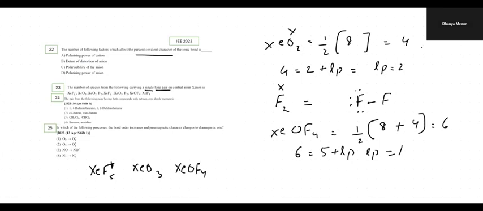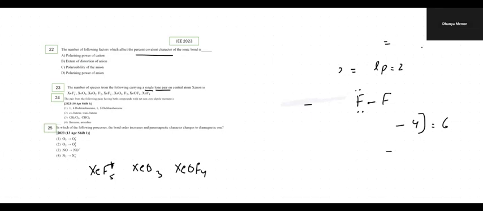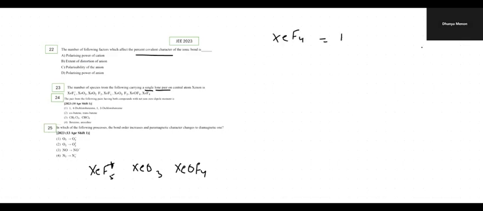Then XeF4, half of 8 valence electrons plus 4 monovalent, no positive or negative charge. Here also 6. 6 is equal to 4 surrounding atoms plus lone pair. Lone pair is 2. So this is not our answer.